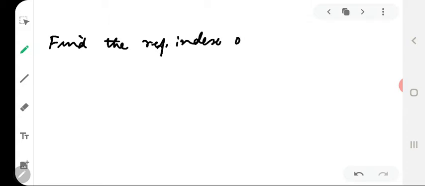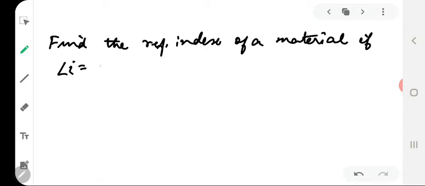The question says, find the refractive index of a material if angle of incidence is 45 degree and angle of refraction in the material is 30 degree.